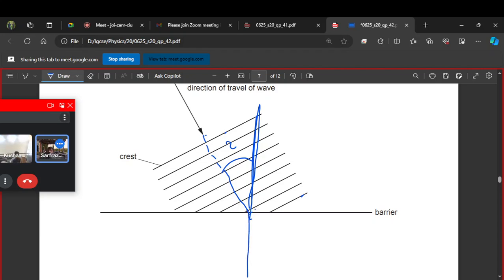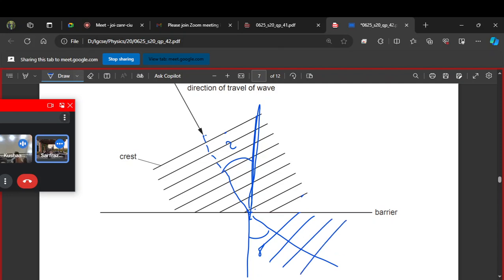Away from the normal or towards normal? Moving from rare to denser medium, it will go towards the normal, so it will bend in this way. Then the angle of refraction will be smaller, and now the crest will remain the same.